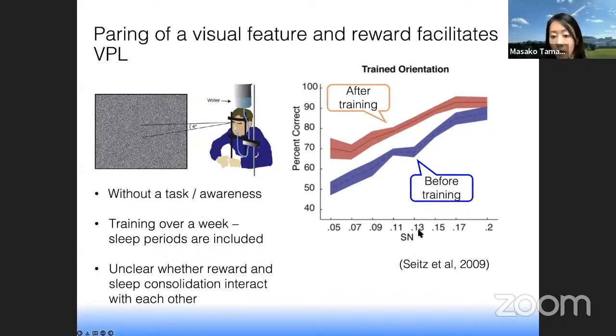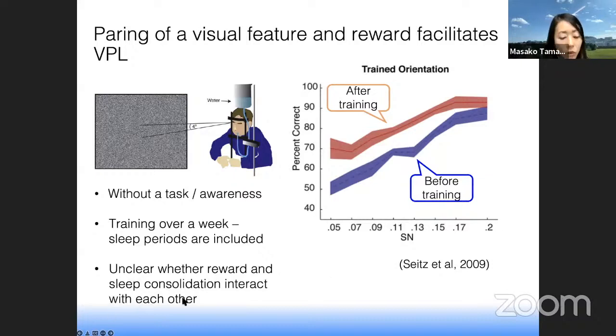The figure on your right shows the percent correct for the sensitivity tests conducted before and after training. As you can see here, pairing of a visual feature and reward actually improved learning. And there is no performance change for the orientation that was not paired with reward.